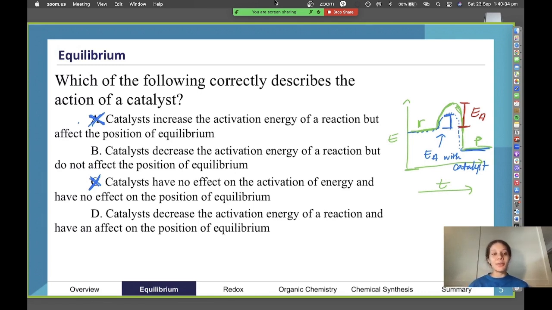So they don't change the amount of reactants or products at your equilibrium. So that means we're going to have no effect on the position of equilibrium. So now we can rule out D because it's saying it does have an effect. And therefore, the correct answer is going to be B.